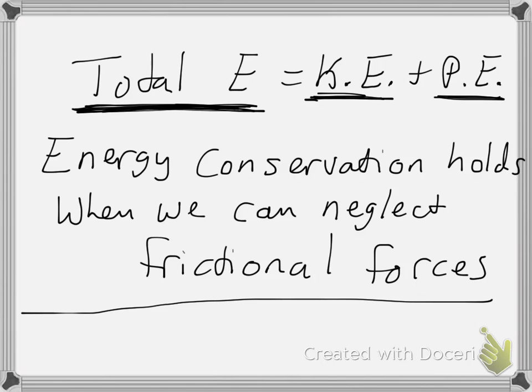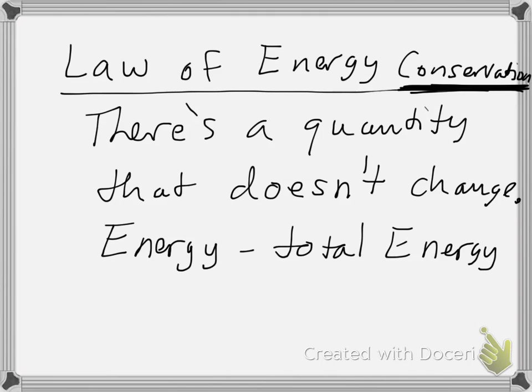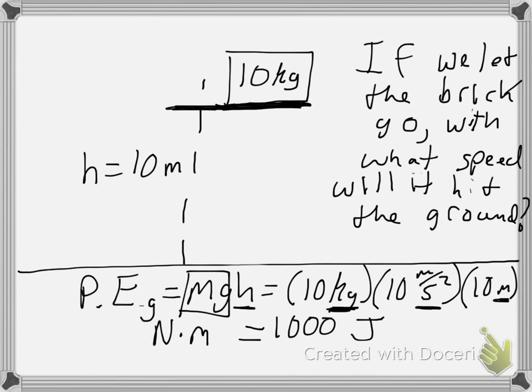Now, the amount of kinetic energy can change and the amount of potential energy can change. They can change from one to the other, but their sum will always be this total energy E. So if we go back to this diagram that we have here, what energy conservation says is that the total initial energy in the system must equal the total final energy in the system.